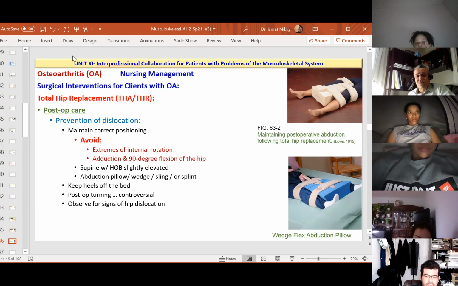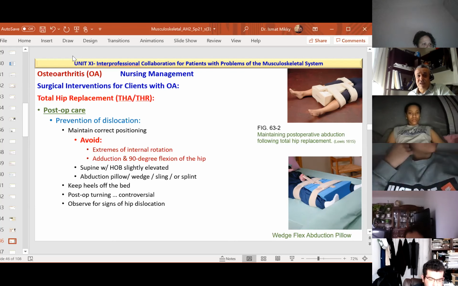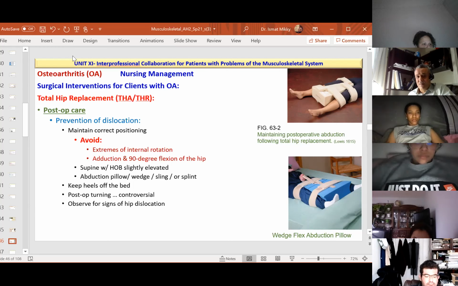So to maintain that, you can use an abductor wedge pillow or any type of physical separator, or something to put in between the patient's legs. But if you have that abduction pillow or the wedge pillow, that would be great because that will maintain the abduction of the lower extremities.